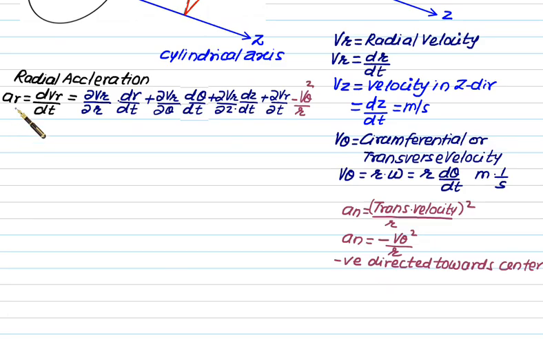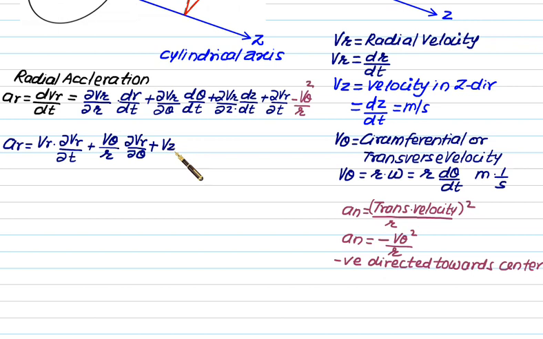In this case, the radial acceleration ar will be equal to dr by dt, which is the same as vr, so we have vr into del vr by del r, plus d theta by dt, which we can write as v theta by r, so we have v theta divided by r into del vr by del theta, plus dz by dt, which is vz into del vr by del z, and here we write one more term that is also contributing, that is v theta square divided by r.